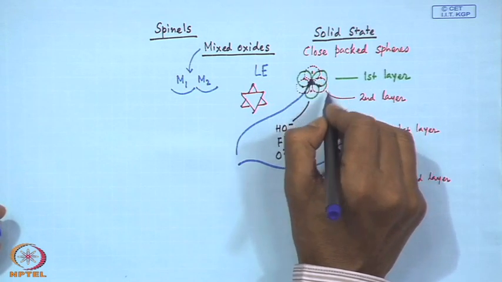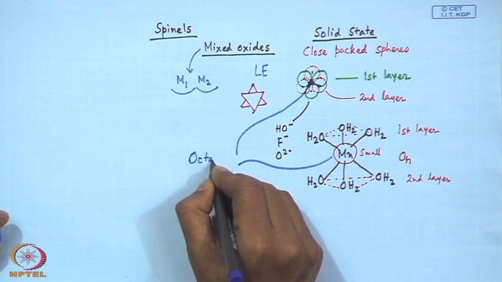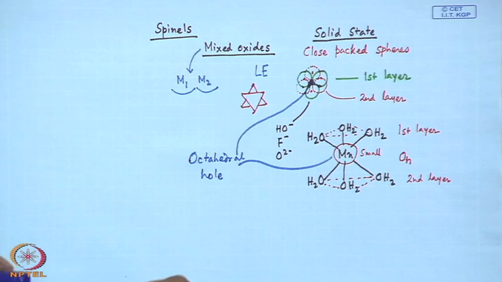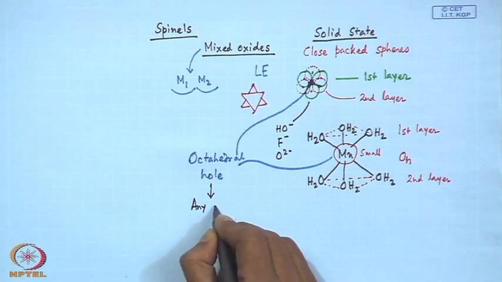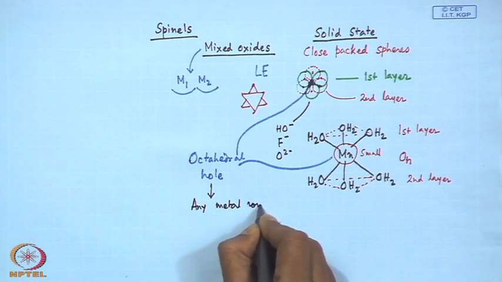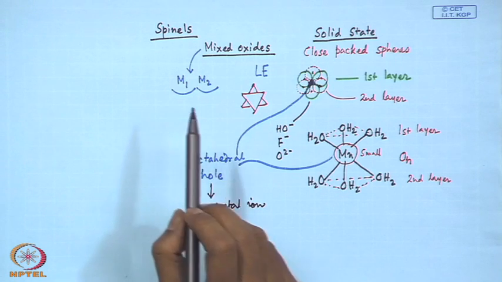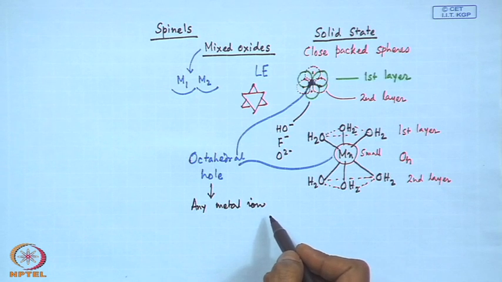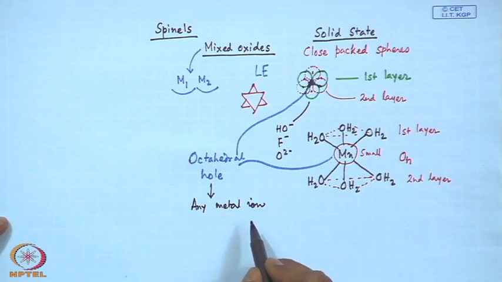So, due to this close packing of spheres, we have generated one octahedral hole, and within that octahedral hole we can now put any metal ion, say this manganese also. So, this gives rise to the spinel structure, and how the spinel structure can be controlled is due to the energy calculations in terms of the stabilization due to the crystal field.